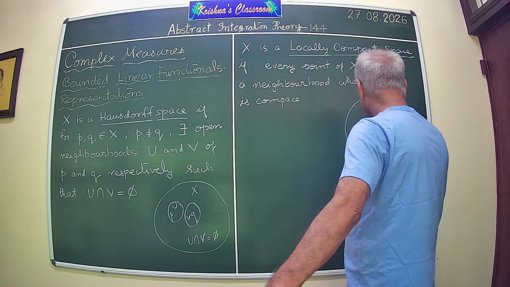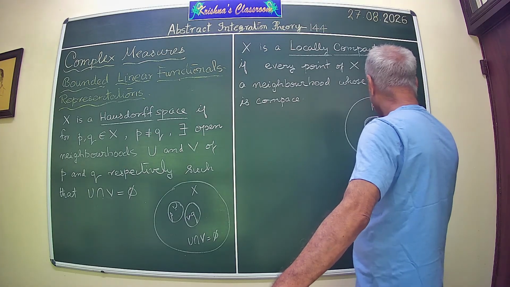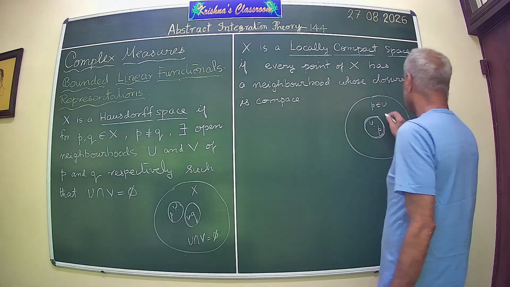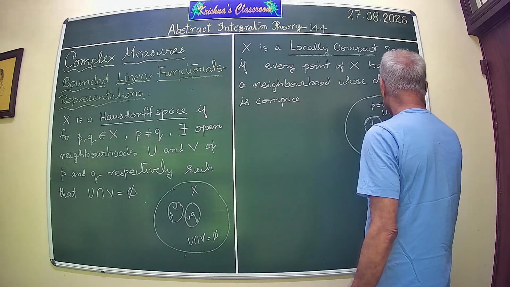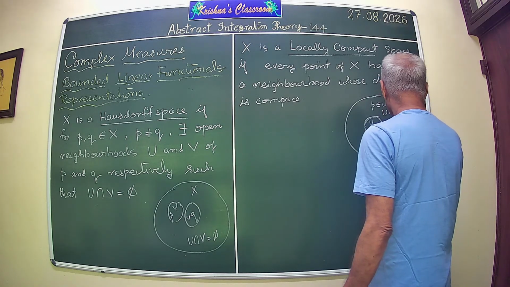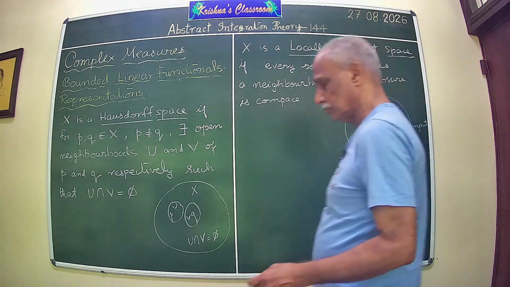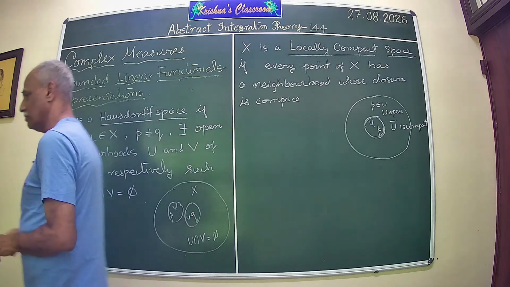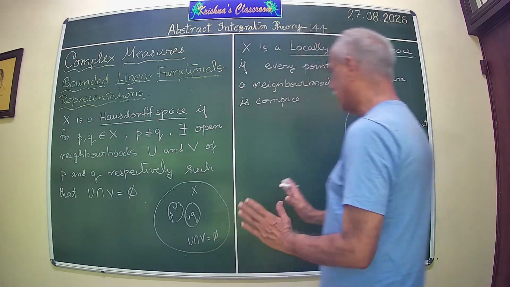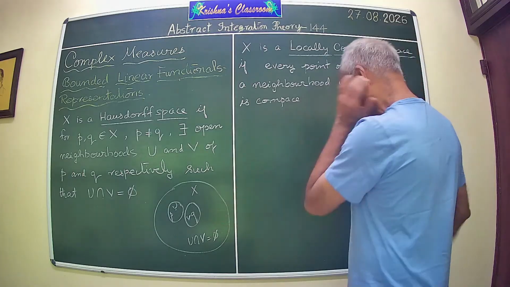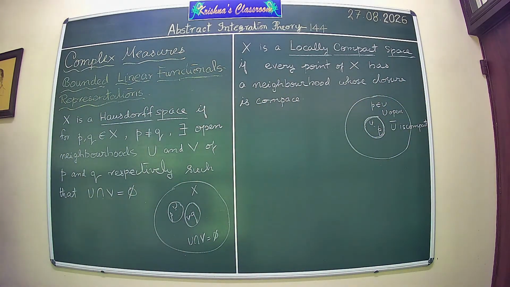That means you have a U, P belongs to U, U open, and U closure is compact in the usual sense. That means every cover has a finite subcover, usual compact. So this is the basic structure that we observe on R with the usual metric.